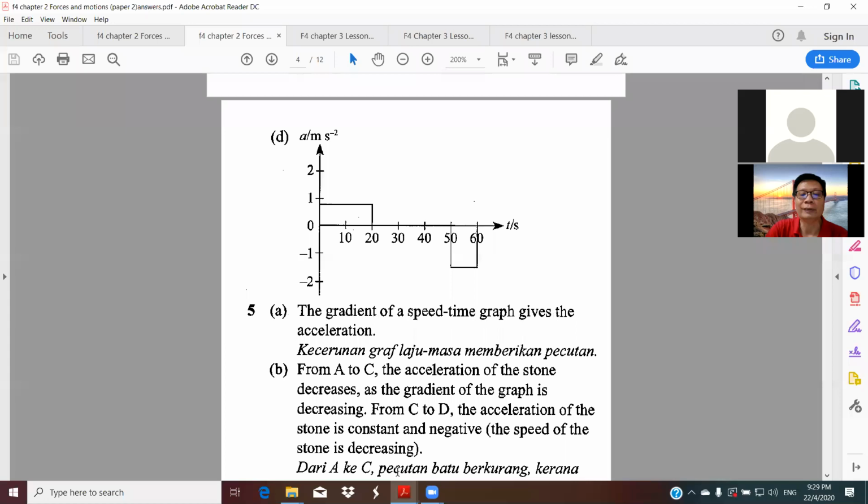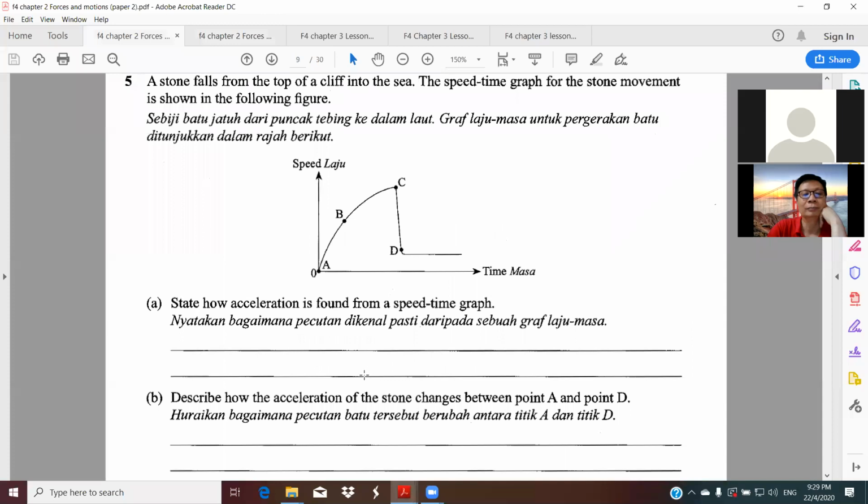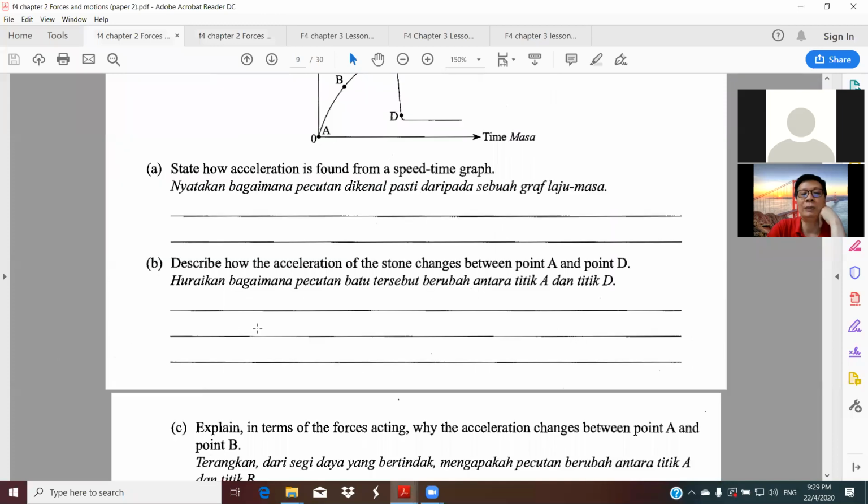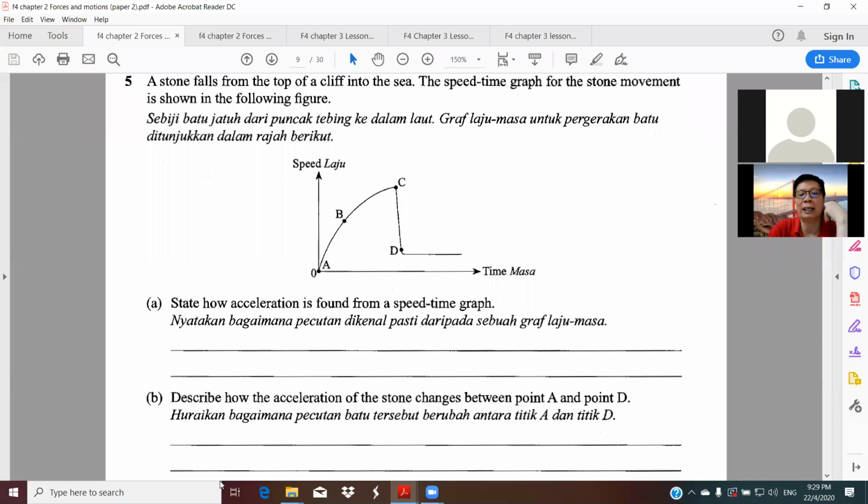Second part. Describe how the acceleration of the stone changes between A and D. Here to here now, they ask you to explain how the acceleration of the stone changes. Here we know it's getting faster, it's accelerating.